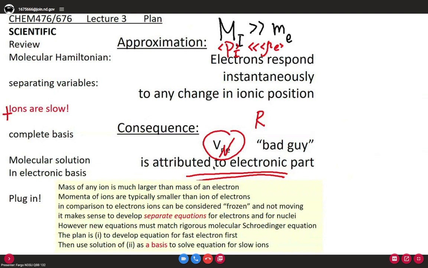Yes? Are you saying like M_I and P_I? Because I assume that's saying mass of something is greater than mass of electron. I stands for nuclei. It's not iodine, and it's not I like a person. It's an index, I, J, K. So if you have several ions, we will label them with uppercase Latin indices. I thought the I meant ion.